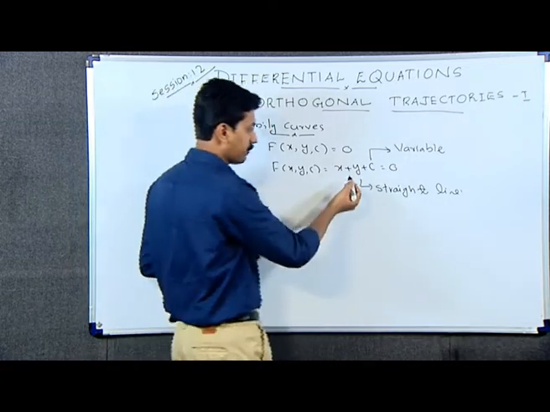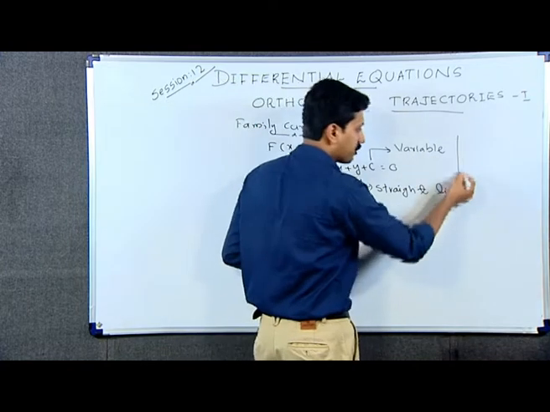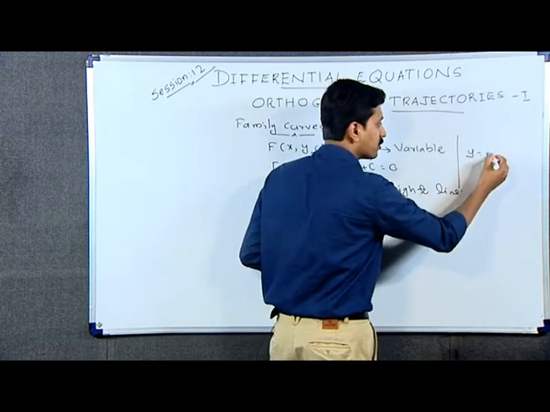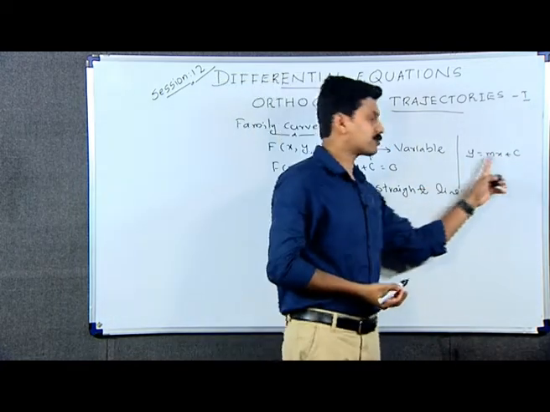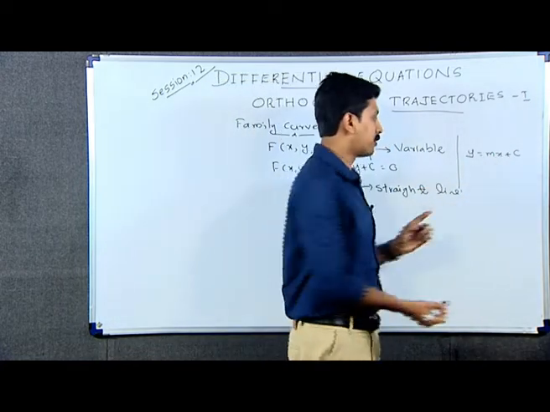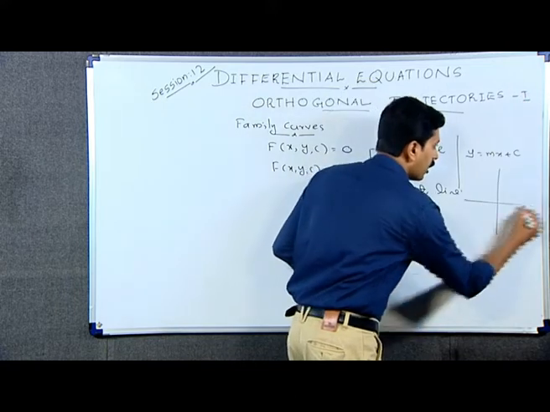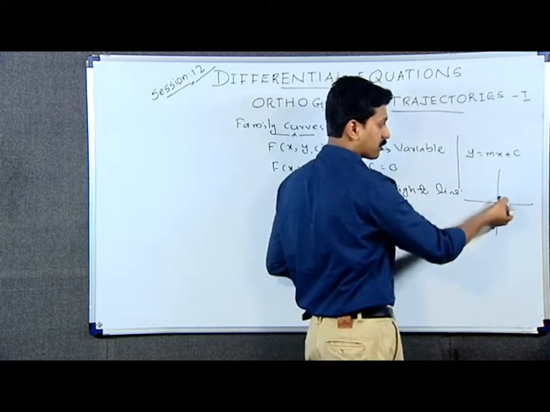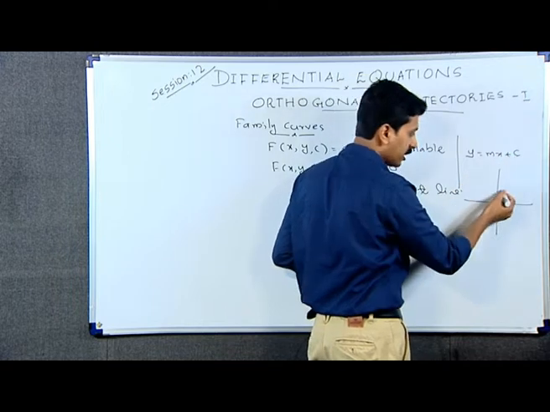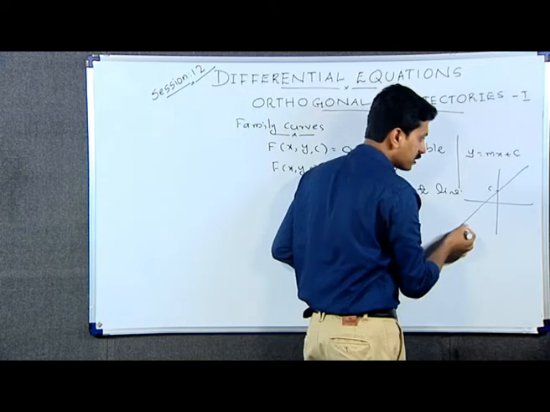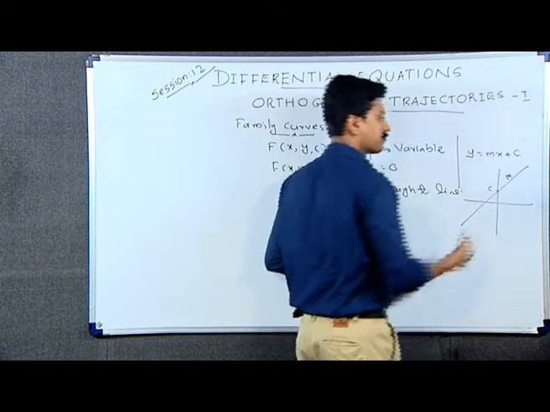Generally, an equation of a line is y = mx + c, which crosses the y-axis at the point c as the y-intercept, with slope m.